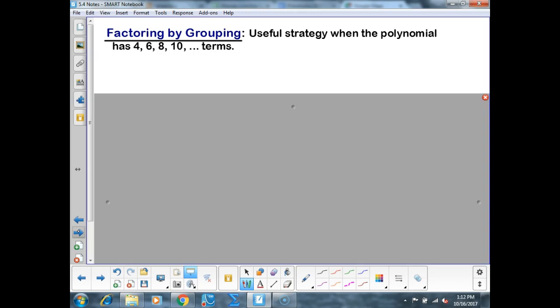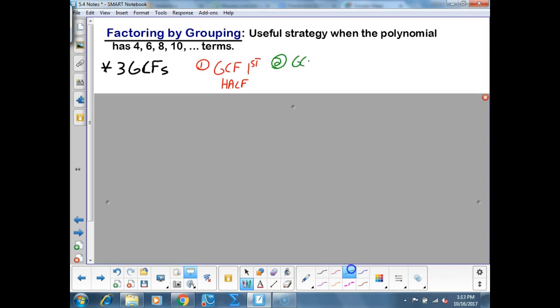All factoring by grouping is, it's 3 GCFs. You're going to GCF the first half. Then you're going to GCF the second half.